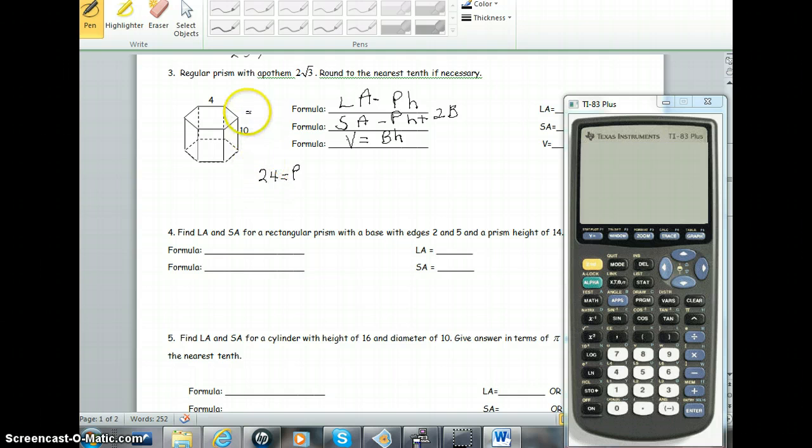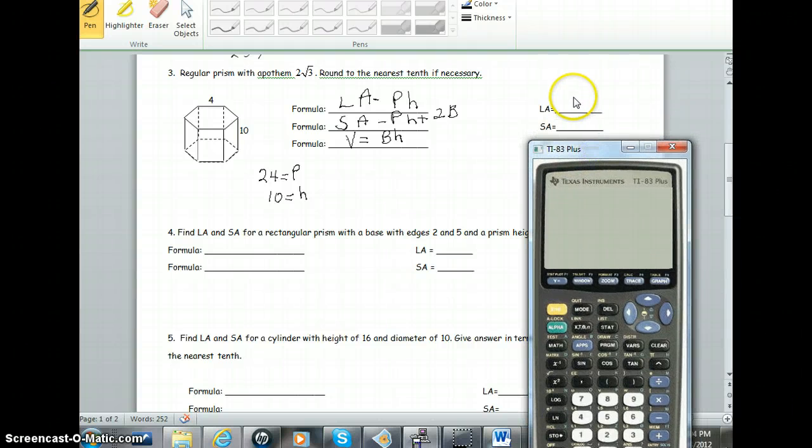The height is given, so 10 is equal to height. From that information, for the lateral area you simply multiply 24 times 10 and you get 240. The lateral area is 240 units.